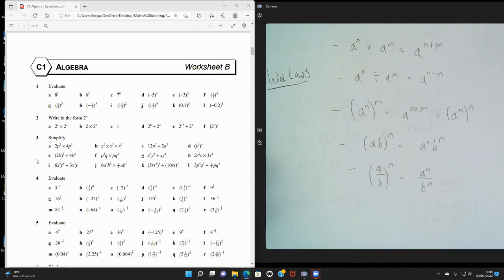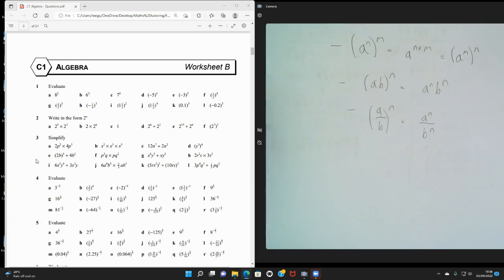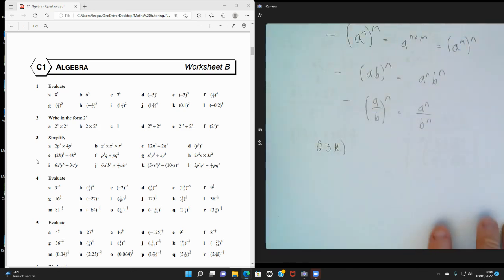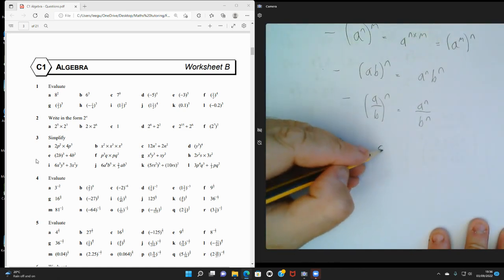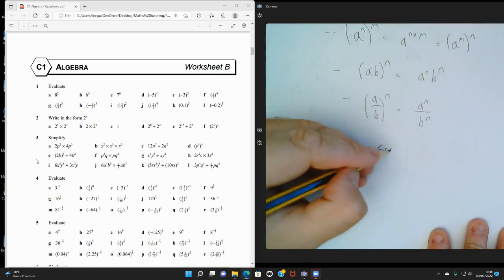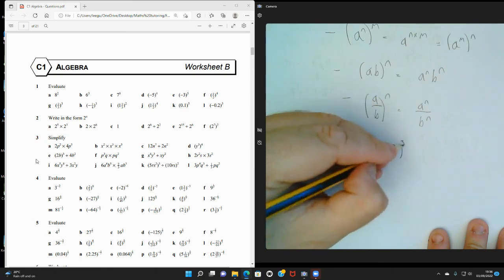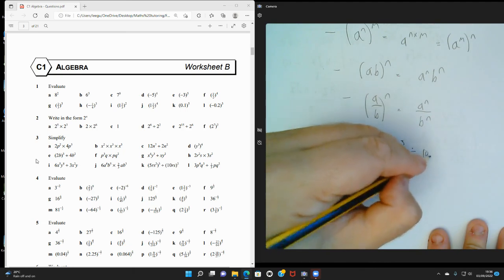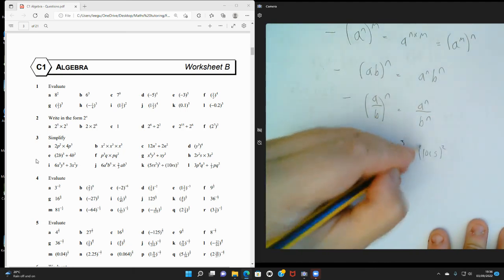First of all, I would like to look at question 3K from this worksheet. Question 3K says the following: 5rs squared, all cubed, divided by 10rs squared.